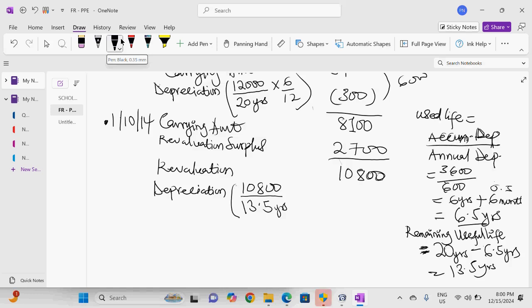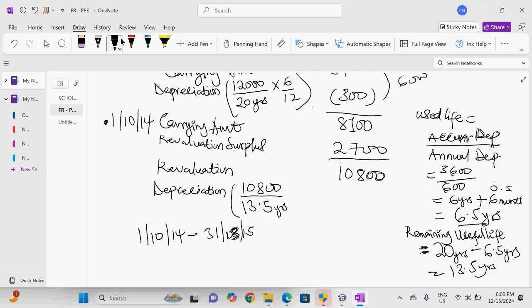So now what are we interested in? We are interested in depreciation from 1st October 14 to 31st March 2015. But we know up to the 10/14 already.